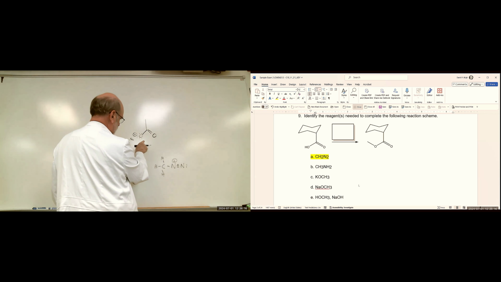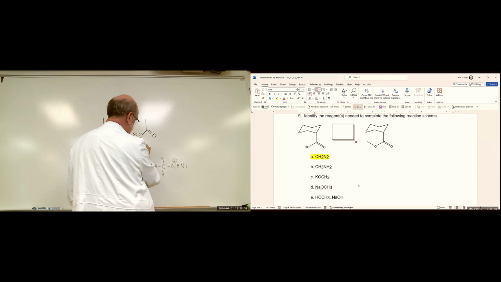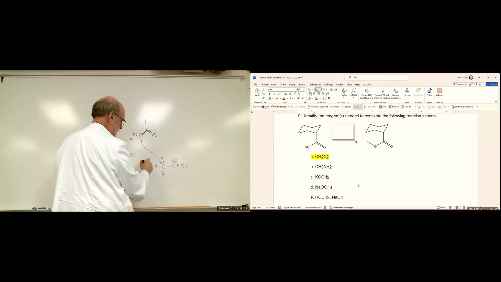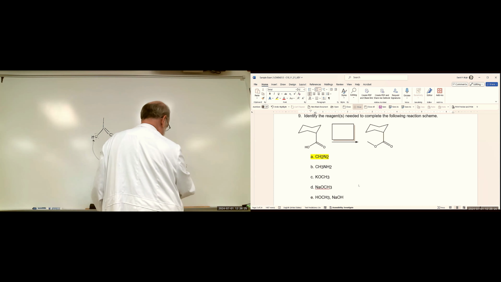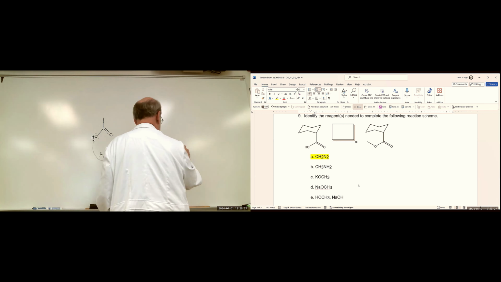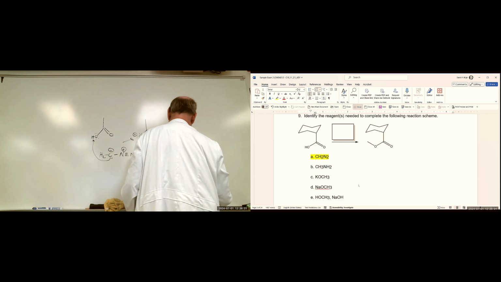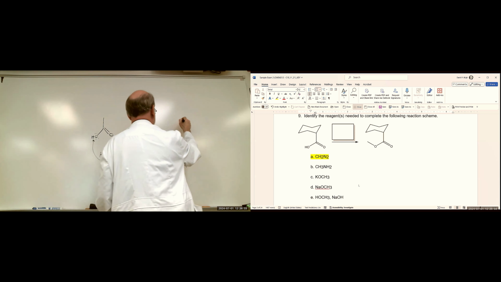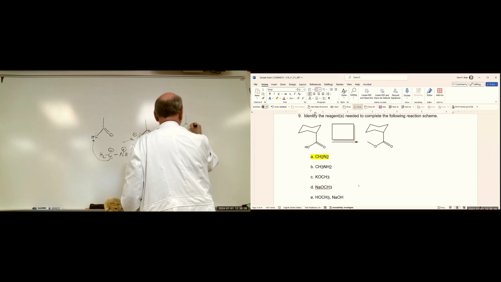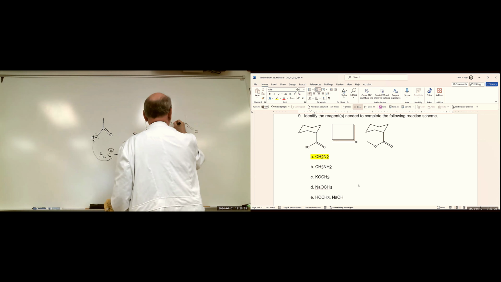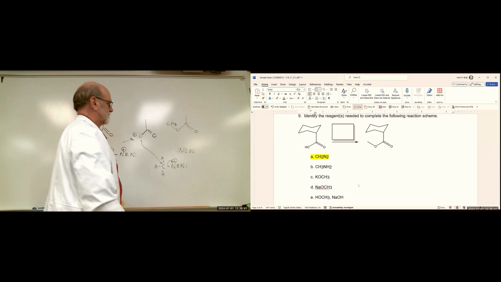And so now this one attacks that carbon. And then these go over here, and that produces nitrogen gas plus the methyl ester.